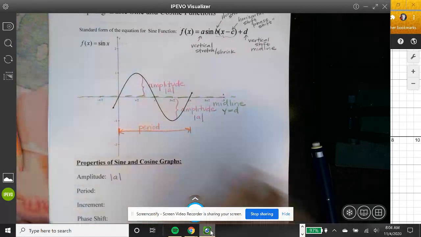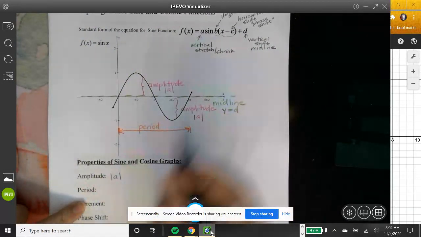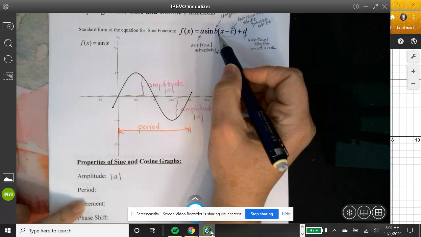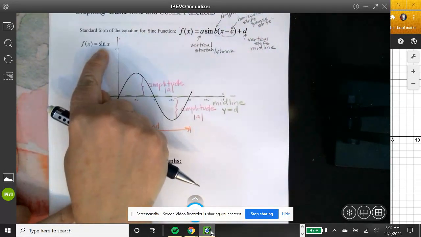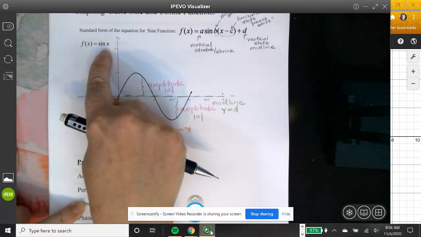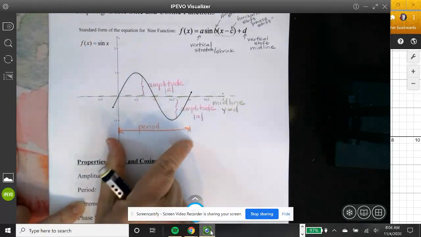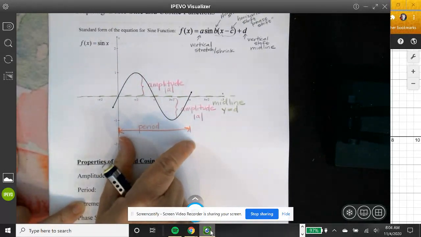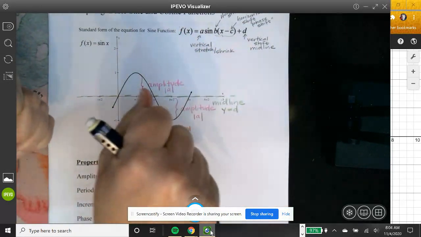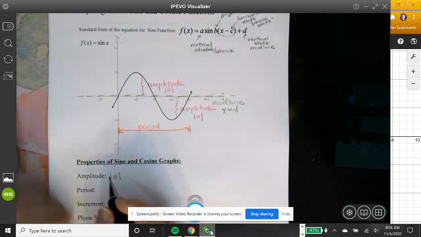Now, I said up here that b is the horizontal stretch and shrink factor. In this case, b, which is always the coefficient of the x, is 1. When the coefficient of the x is 1, the period is 2 pi. It's unaffected. But when we change b, we either stretch or shrink it, with the period factor.